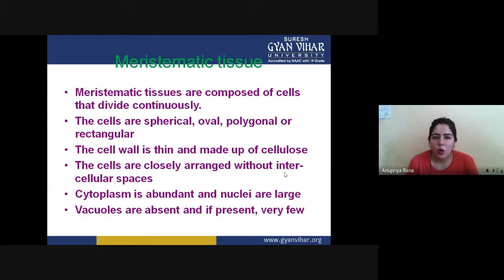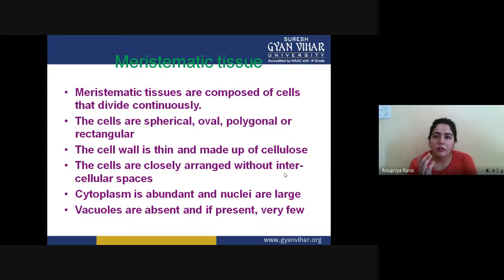So I think you all know what intercellular space is. Intercellular space is a gap between two cells. It is not present inside the meristematic tissue. If we talk about the cytoplasm of meristematic tissue, it is abundant and the nucleus is large. Basically, a large nucleus helps ease the karyokinesis process.